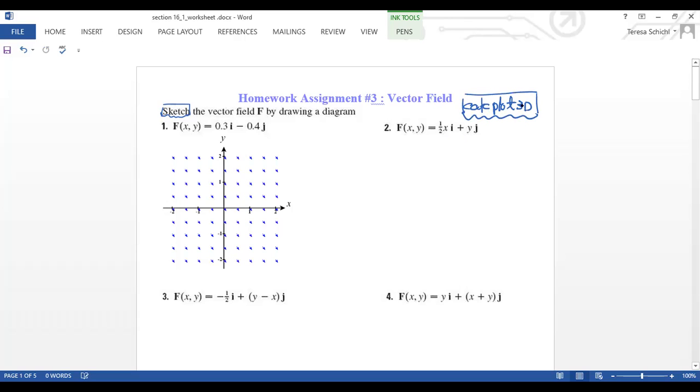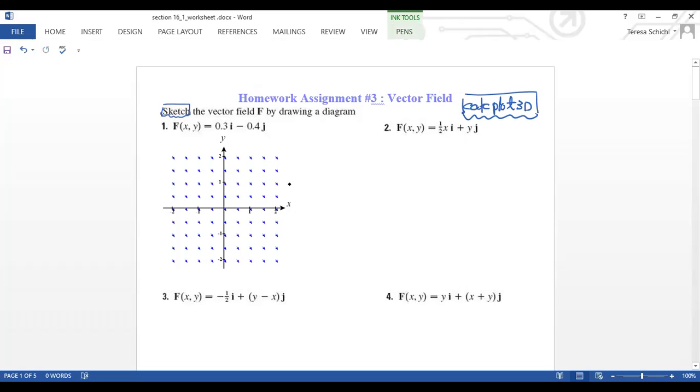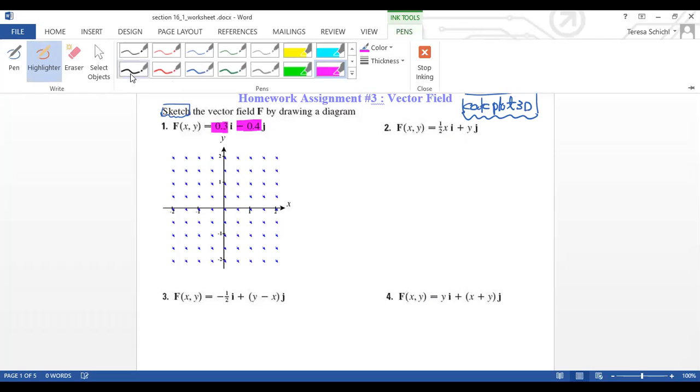I use this software quite frequently. So here you'll be able to see what the vector field looks like. I chose a few special ones. For this vector field, the scalar components are 0.3 and negative 0.4.